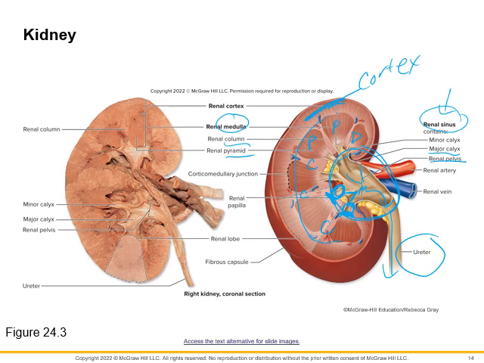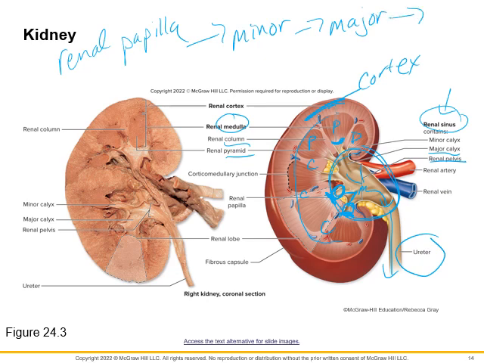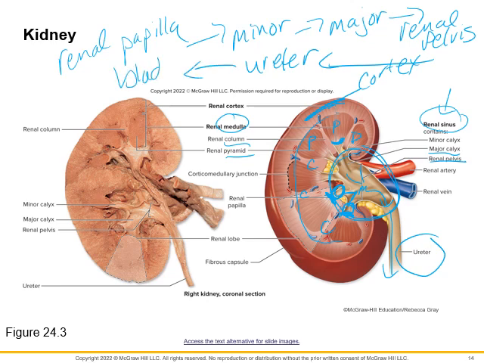So kind of the flow here is the renal papilla is going to drain into a minor calyx, which is going to drain into a major calyx, which is going to drain into the renal pelvis, which is going to drain into the ureter. That's going to lead to the bladder, and that's going to lead to the urethra.